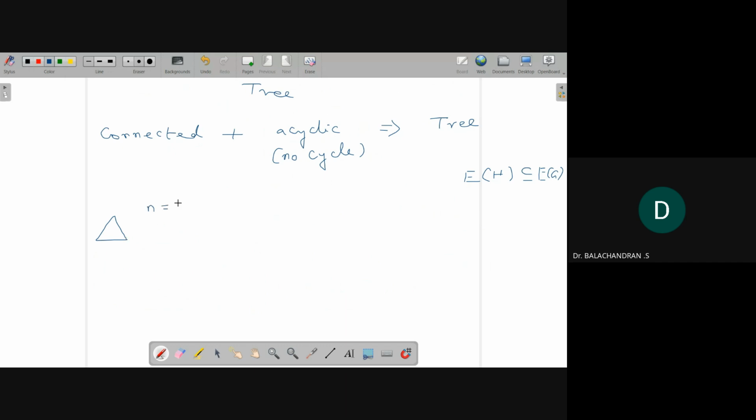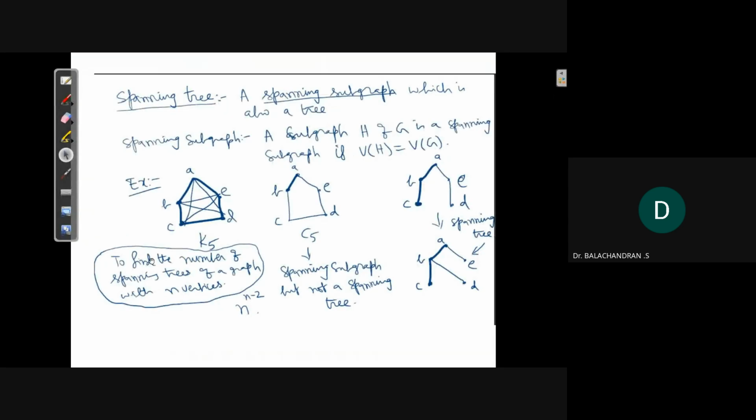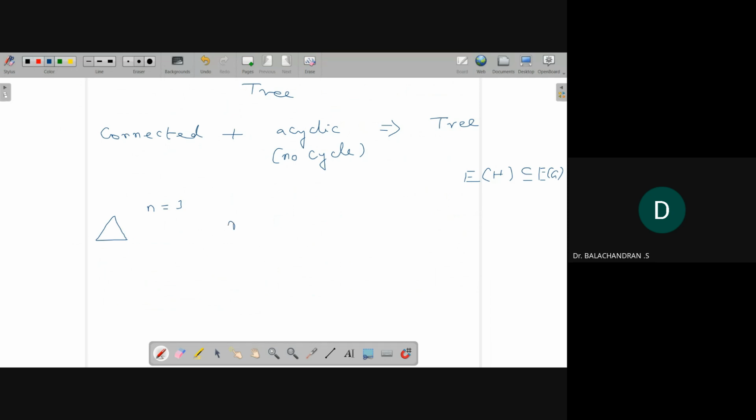Here n equals 3. So n power n minus 2 is 3 power 3 minus 2, which means 3 spanning trees.